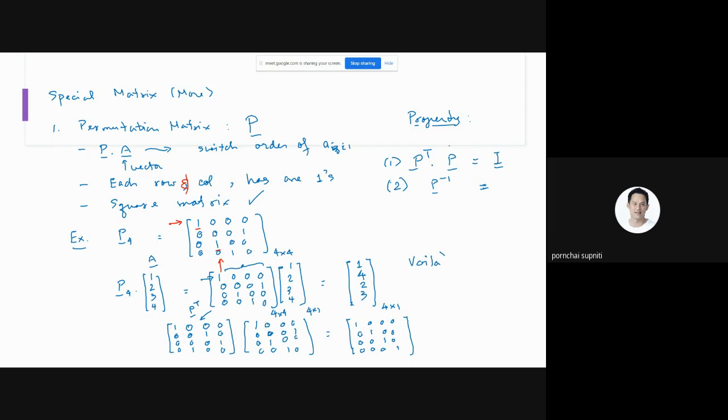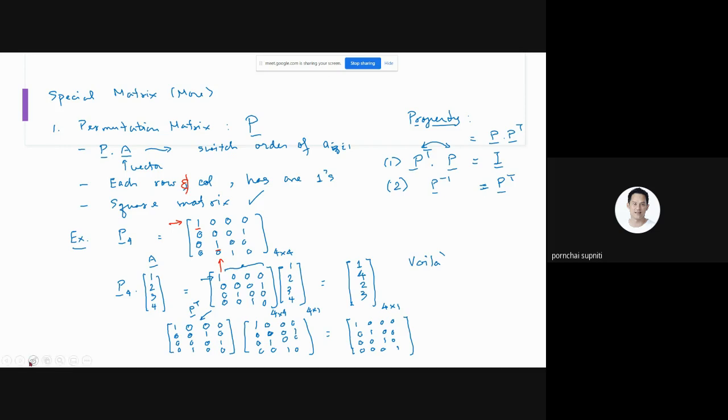Exactly, right? Because anything that multiplies with P and gives identity, and in this case, it will be equal to P multiplied with P transpose. If you don't believe, you can try it out in the example. It means that P inverse is just P transpose. So this is a special property of this type of matrix.